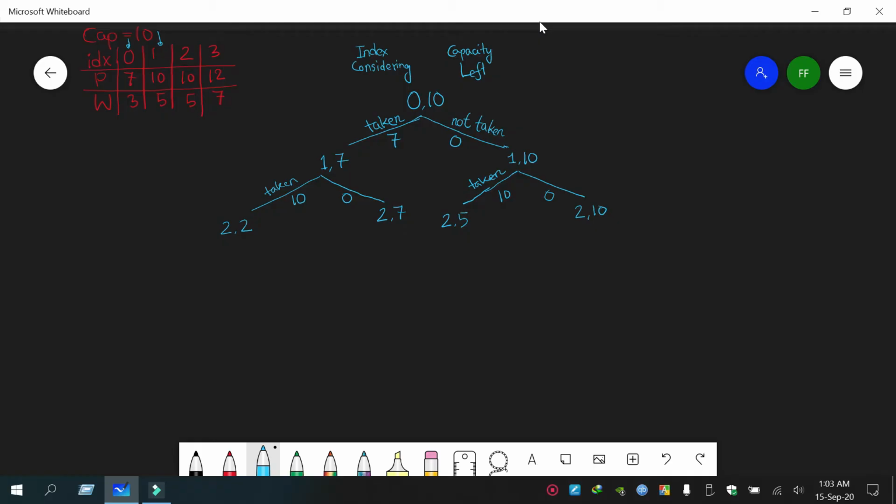Similarly, if we continue again from the position 2, 2, then we are considering the item that is at index 2 and the capacity left in the bag is 2. Now we will face a special case. As you can see, the weight of the item at index 2 is 5, but the capacity left in your bag is 2.